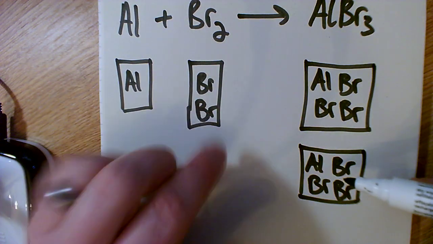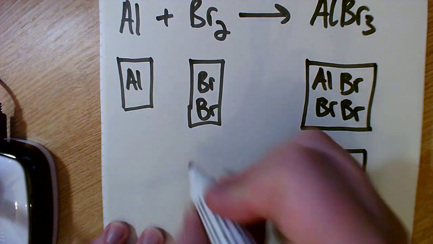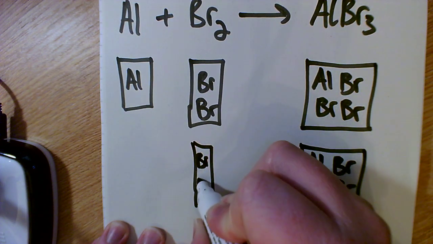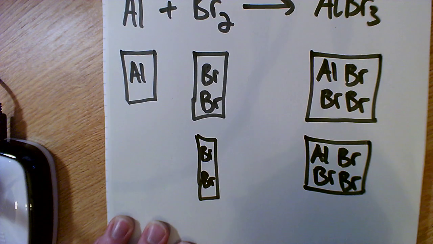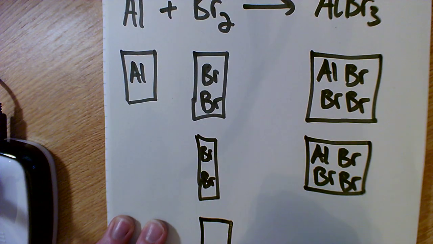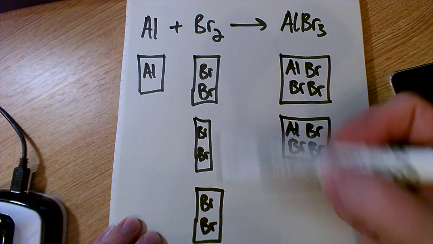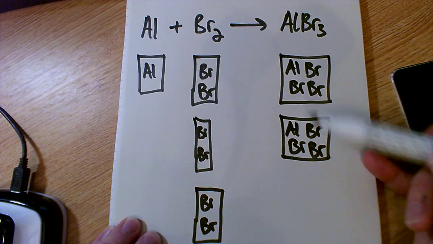So that means I can now add an extra 2 boxes here to get me up to 6. Br, Br. I didn't leave much room there for that box. We'll try to do better next time. Br, Br. I've now got, I hope you can see that, 6 here and 6.